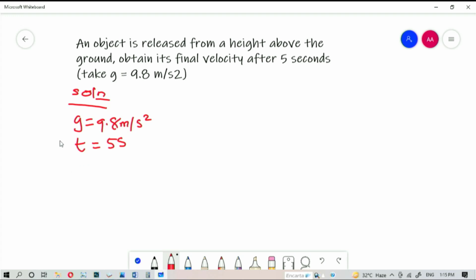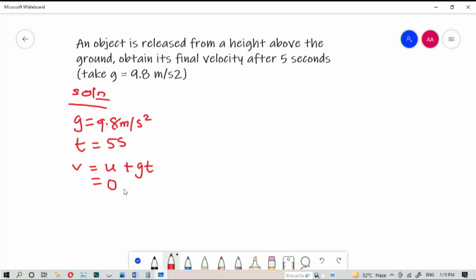Then we can apply v equal to u plus gt. In this case, g is plus. So by substitution, of course, since it is released from rest, u is equal to 0.